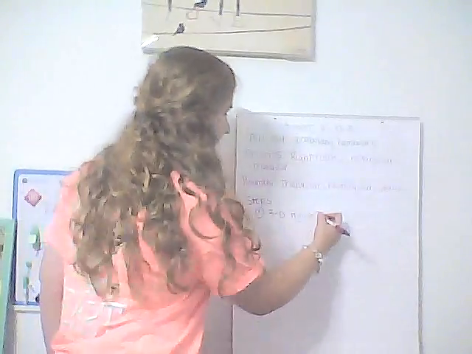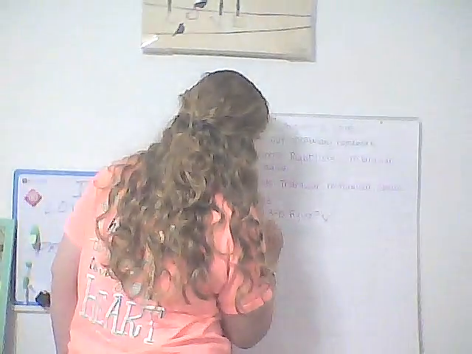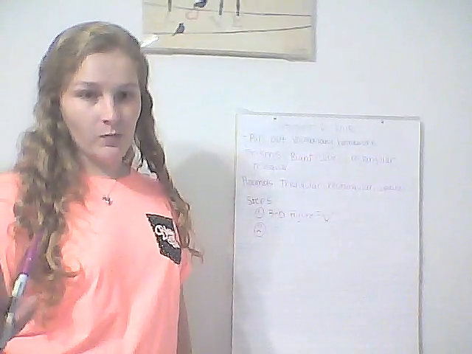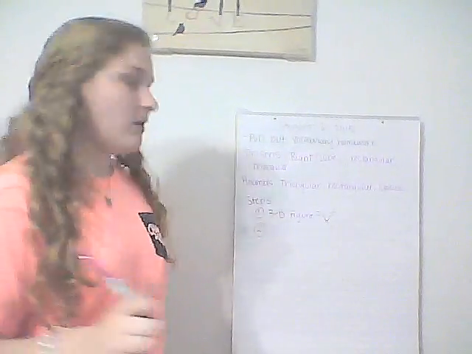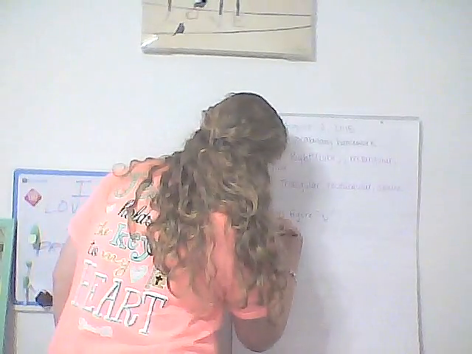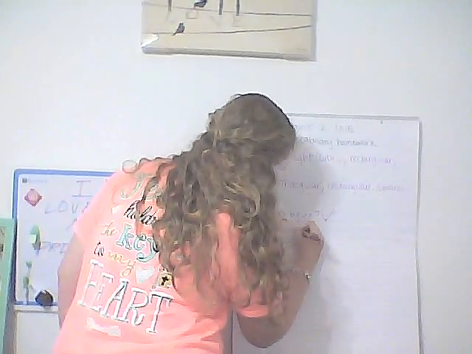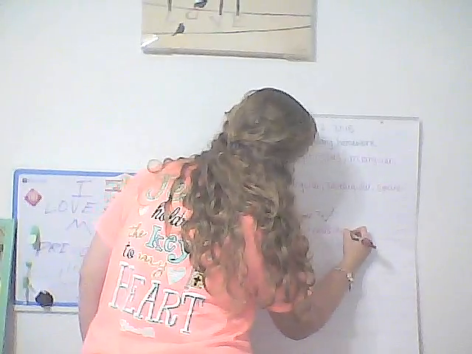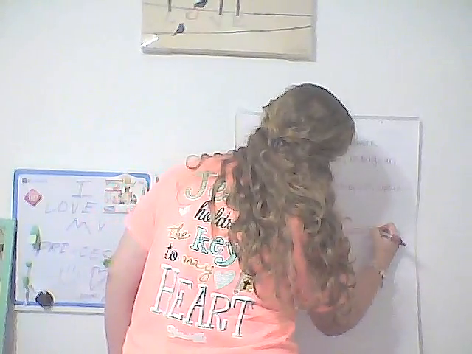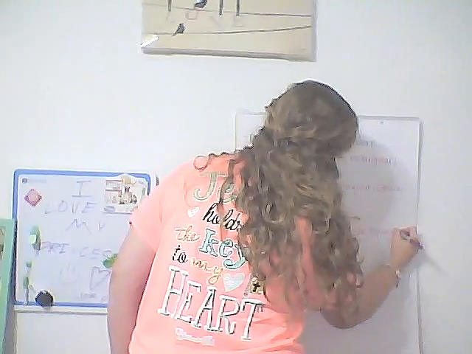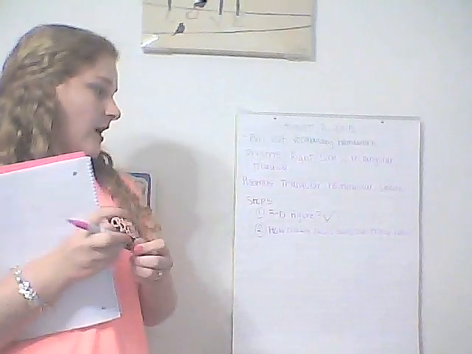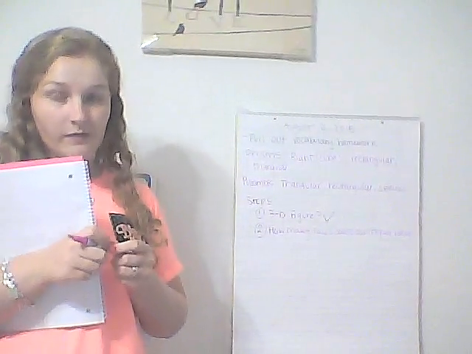And if the answer is yes, then we go on to step 2. Step 2, which is one of our vocab words, we're going to figure out how many faces does our figure have?